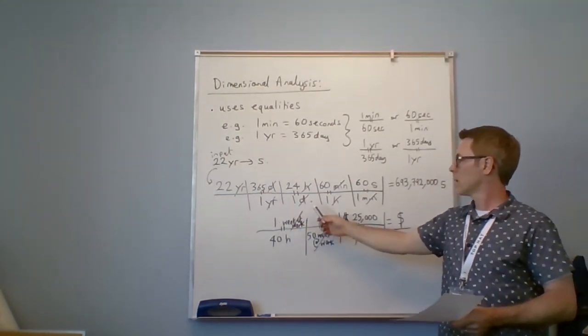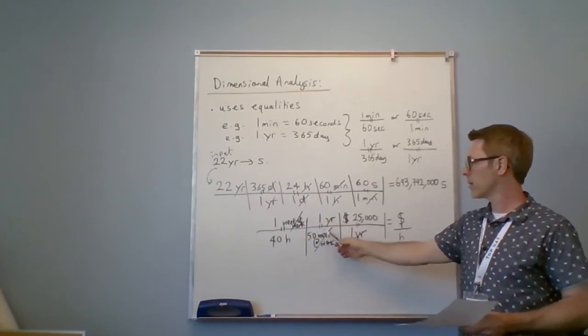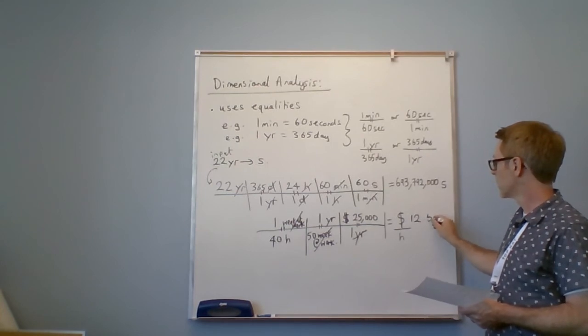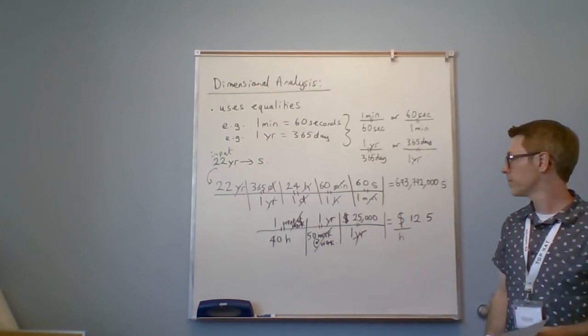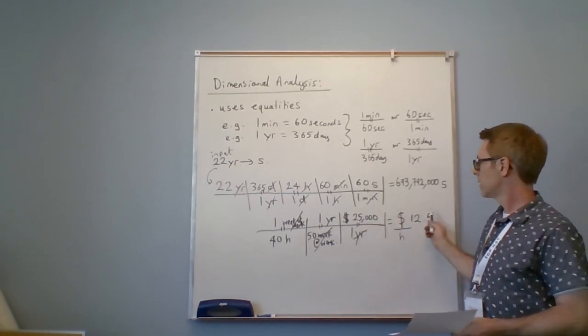If you multiply 1 by 25,000 and divide by 40, divide again by 50, divide again by 1, this is where we got the value of $12.5 per hour. If you change this number, it will change.